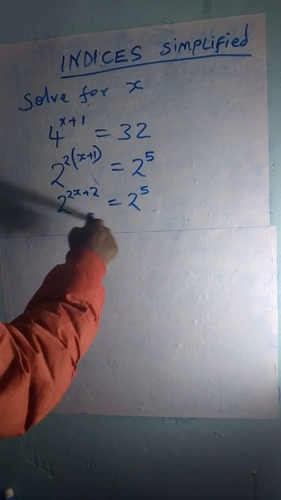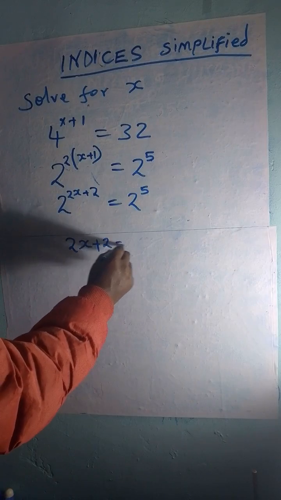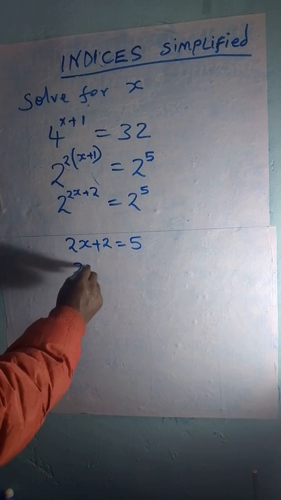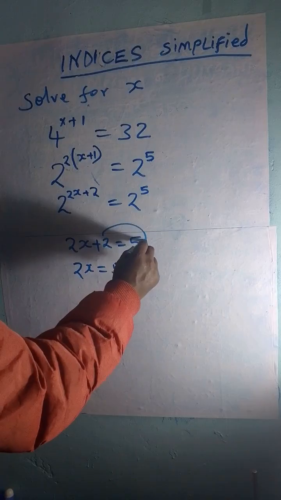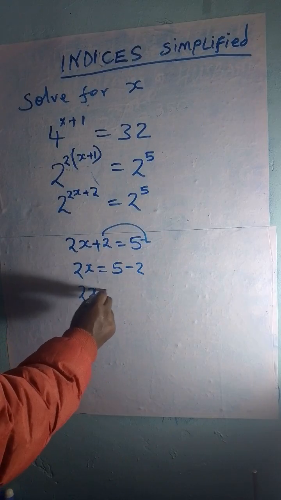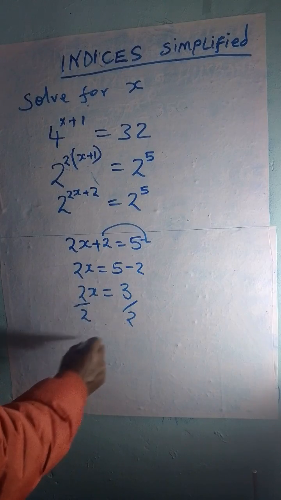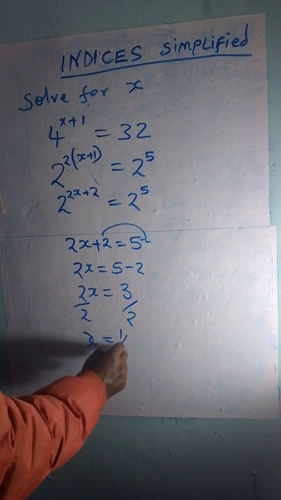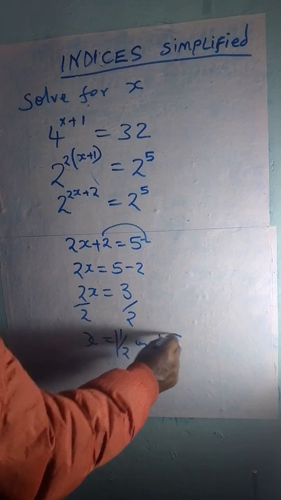Since the bases are the same, ignore them. Now 2x plus 2 equal to 5. 2x equal to 5 minus 2. 2x equal to 3. Divided by 2, x equal to 1.5.